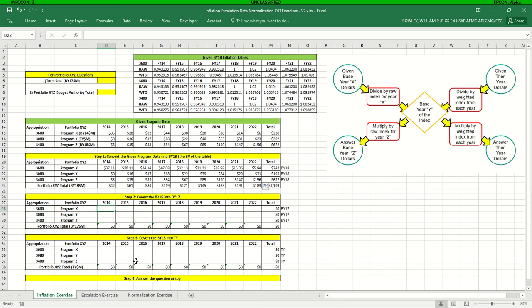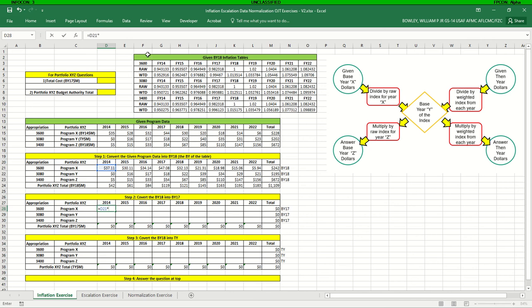And for step 2, we're going to convert our base year 18 results from step 1 into base year 17. So we're going from the base year of the index table to another base year. So we're going to multiply by the raw index for that target year. So we're going to select this, and we're going to multiply by the base year 17 raw index.